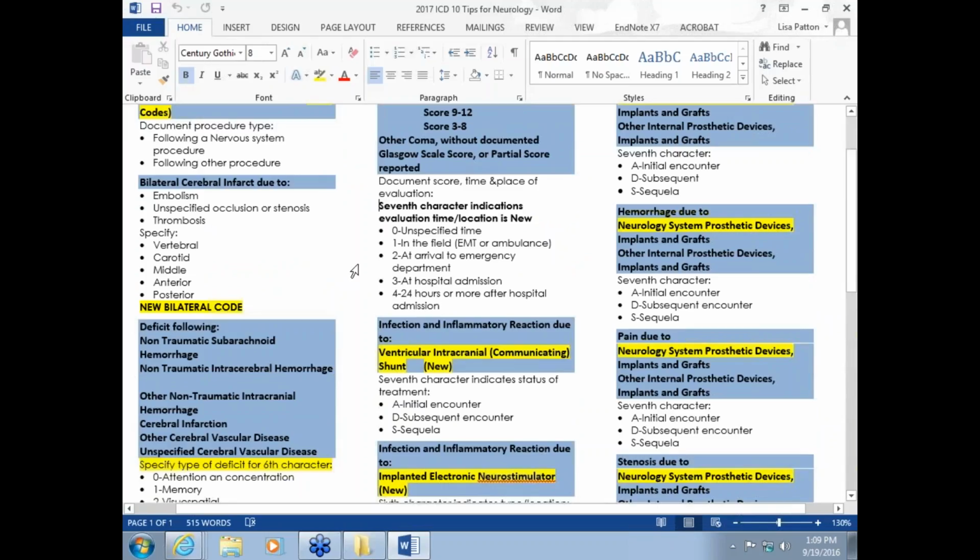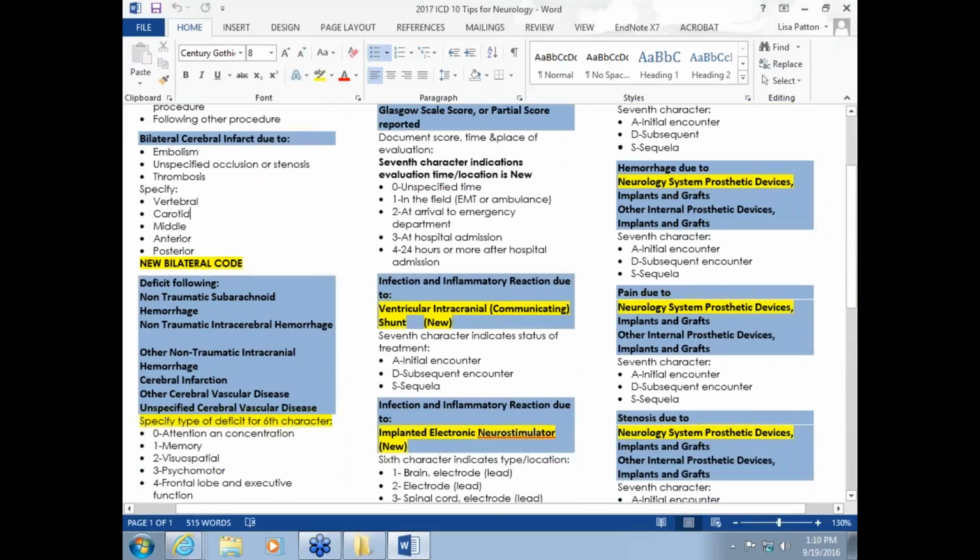For deficit following non-traumatic subarachnoid hemorrhage, non-traumatic intracerebral hemorrhage, other non-traumatic intracranial hemorrhage, cerebral infarction, or other cerebral vascular disease, and unspecified cerebral vascular disease, we now have to specify the type of deficit for your 6th character.